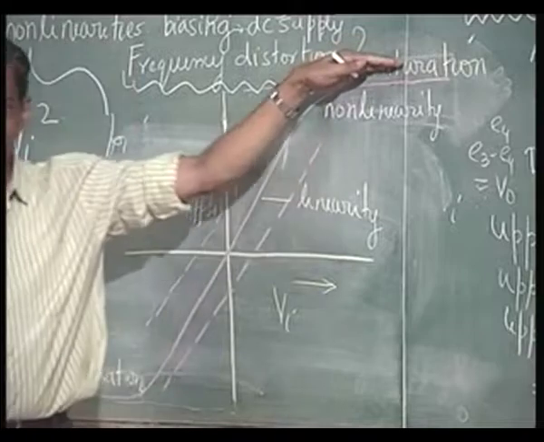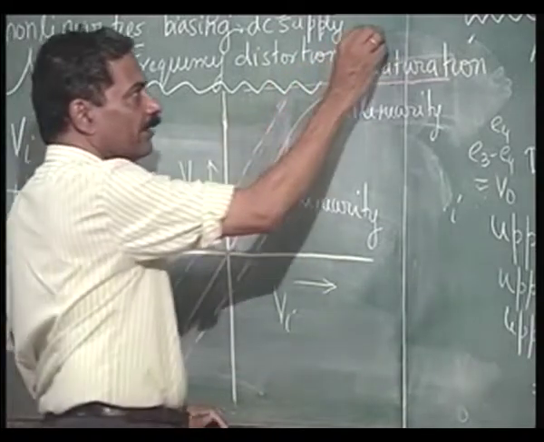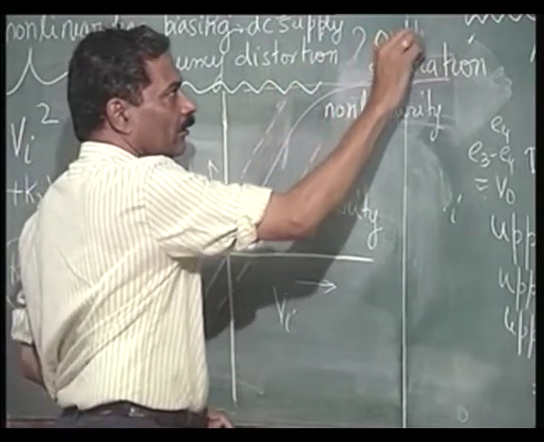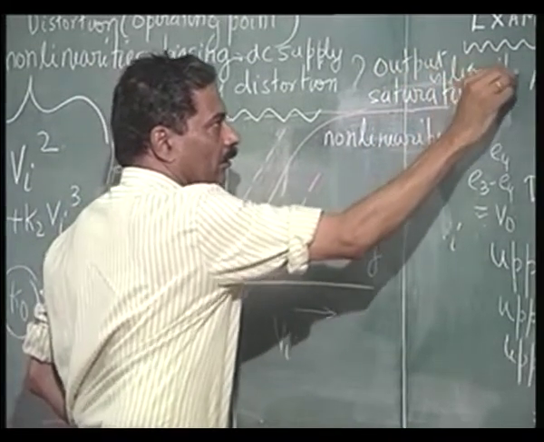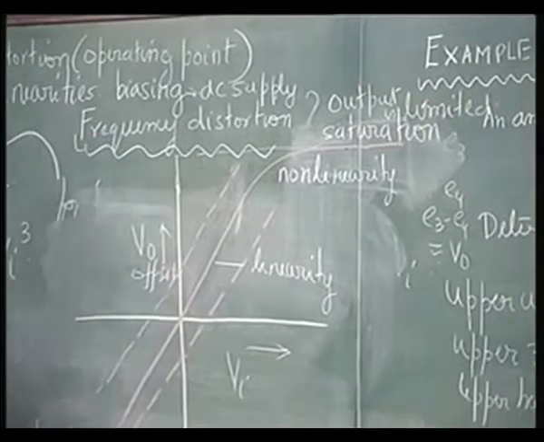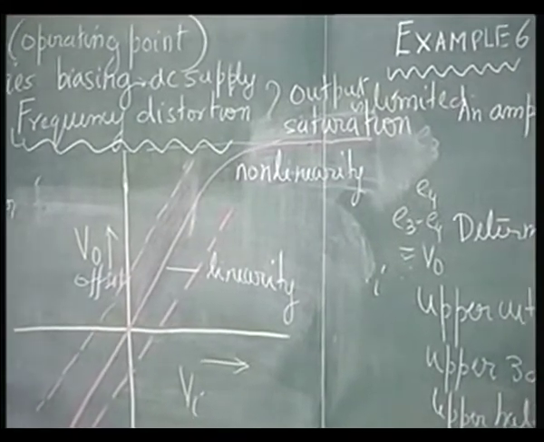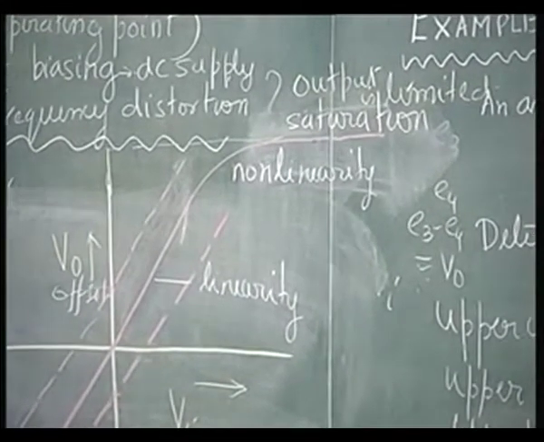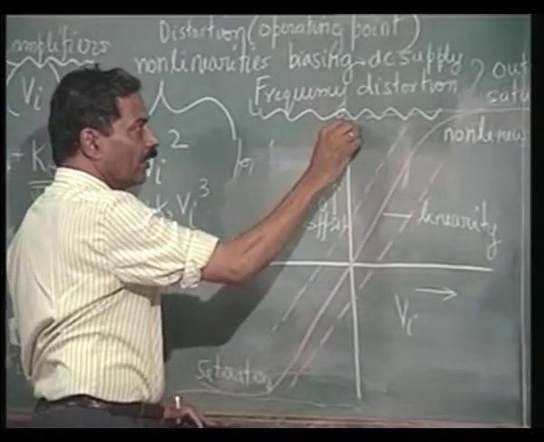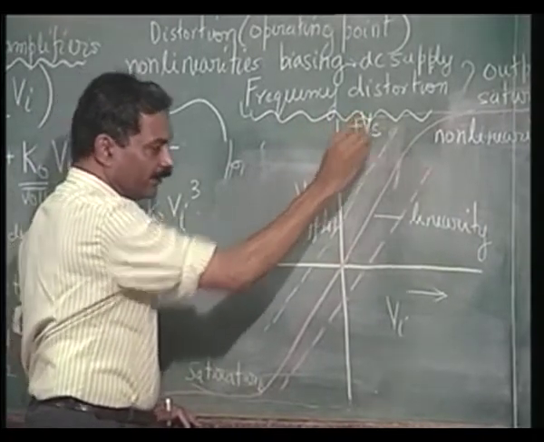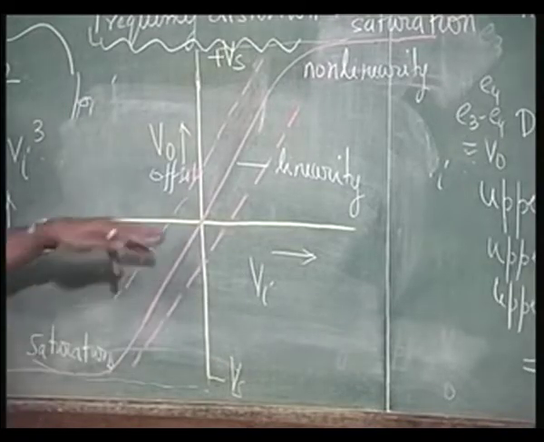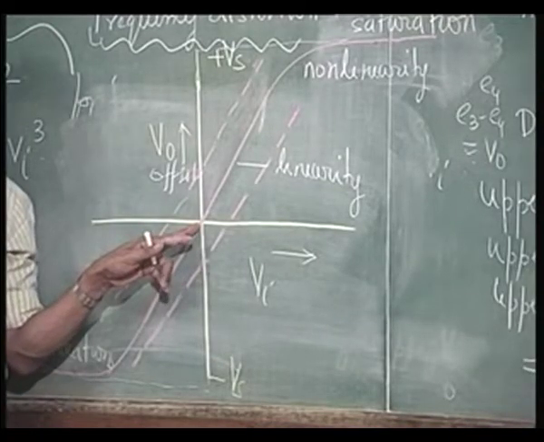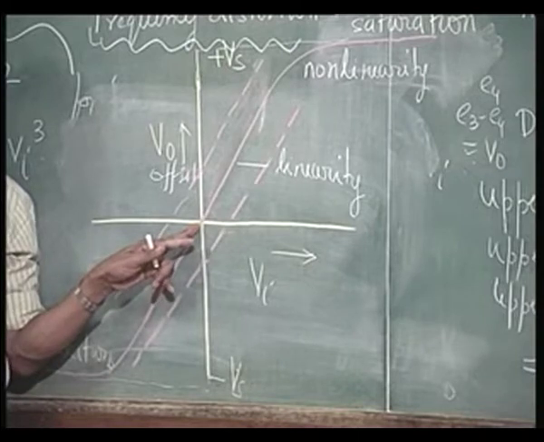So, output gets limited. If power supplies are used for biasing, normally these are the limits, plus Vs and minus Vs. It is made symmetric so that the quiescent point could be 0.